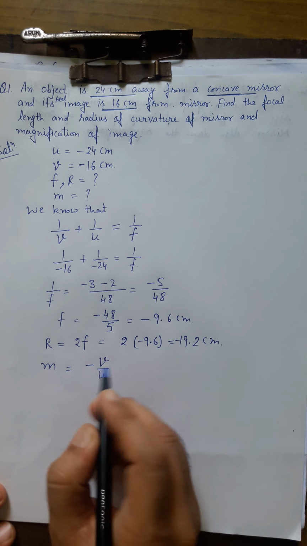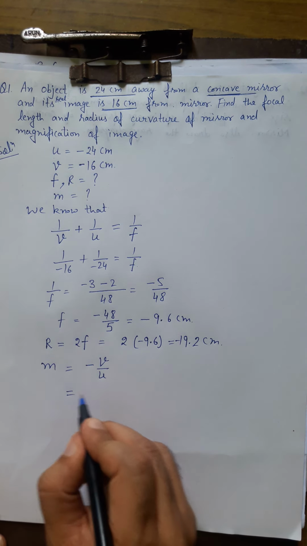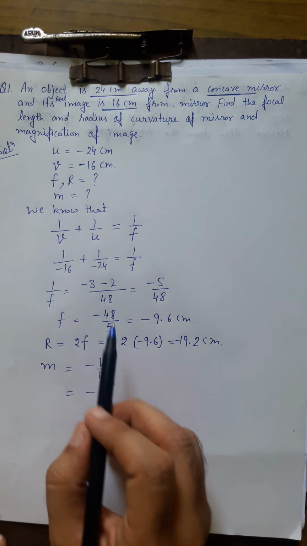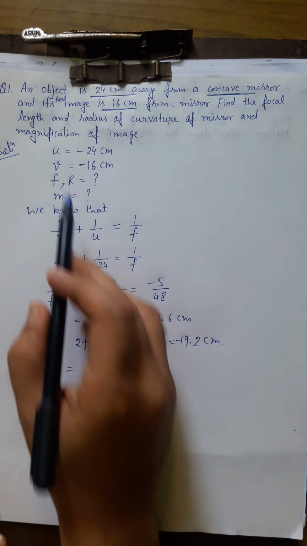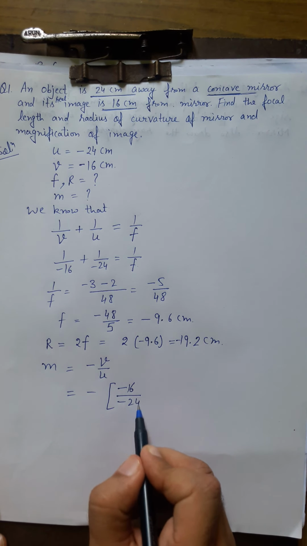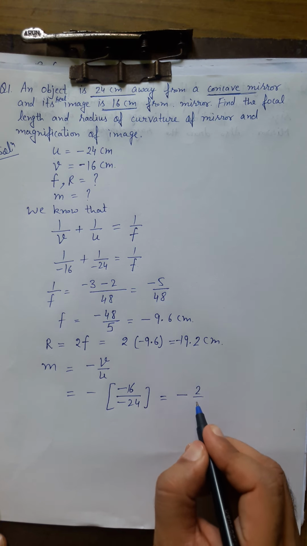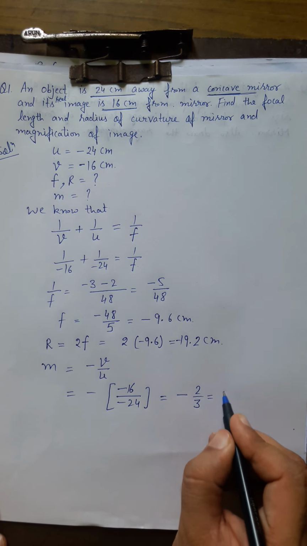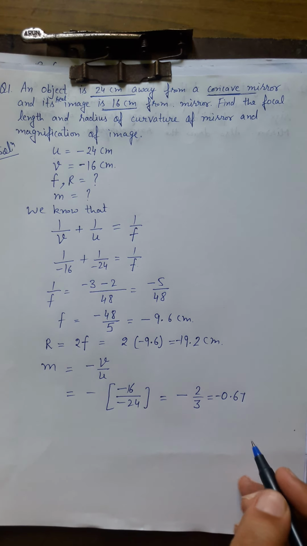Take care of this minus. This minus is in the formula. So we can put the values, v is given to you -16 and u is also given to you -24. You will calculate, then you will get 2/3 means 0.67. This is the magnification.